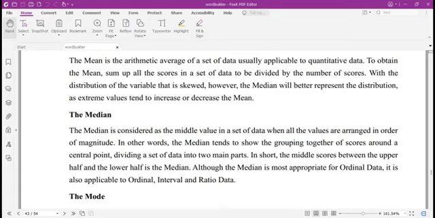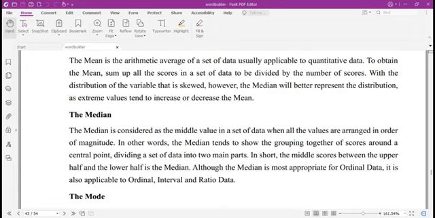In other words, the median tends to show the grouping together of scores around a central point, middle, central point, how the scores are grouped together around that central point, dividing a set of data into two main parts. In short, the middle score between the upper half and the lower half is the median.